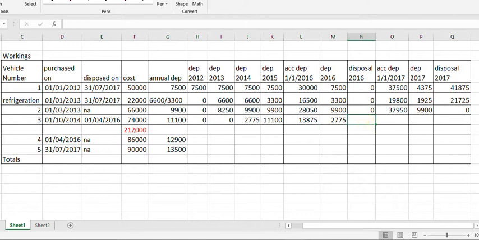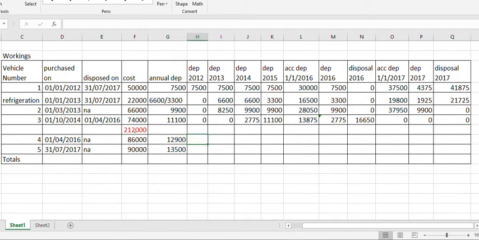The disposal figure therefore is accumulated depreciation plus the 3 months depreciation, 16650. That vehicle is now gone, so nothing else for that vehicle.